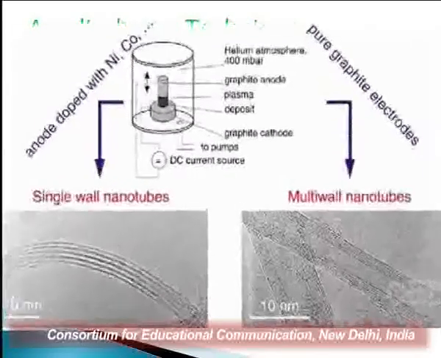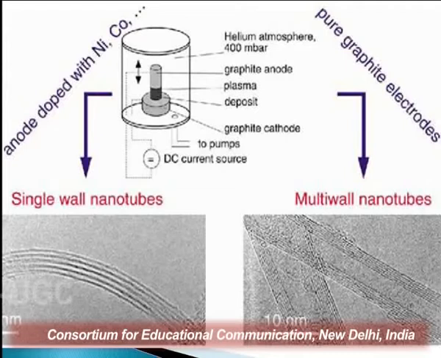And we see in the diagram on the left hand side that the anode is doped with nickel cobalt. Again we use the catalyst, or we add some percentage of nickel cobalt with the graphite to prepare the single wall carbon nanotube. But in the preparation of the multi-wall carbon nanotubes we use pure graphite electrodes.